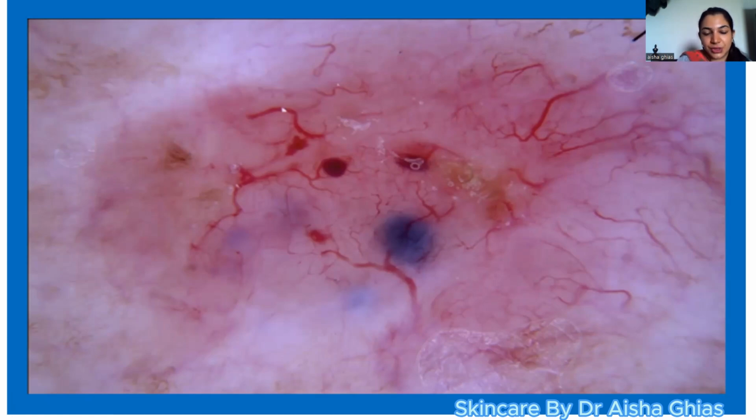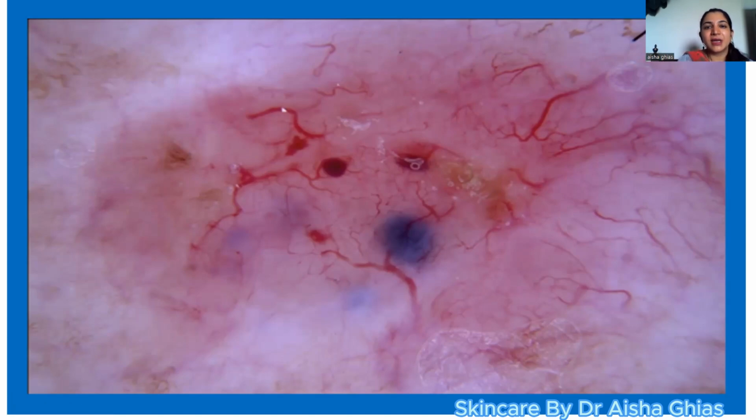Now, it's a very important concept, and I would like to have your attention for a while: gray or blue on dermoscopy does not necessarily mean atypical melanocytes. It can help you diagnose BCC as well, which is a keratinocytic malignancy. Like over here, this blue is a blue clot of BCC. And what does it denote? It denotes atypical keratinocytes that have gone down into the dermis during proliferation, and they have acquired pigment in them.